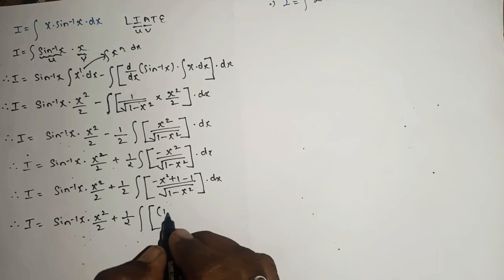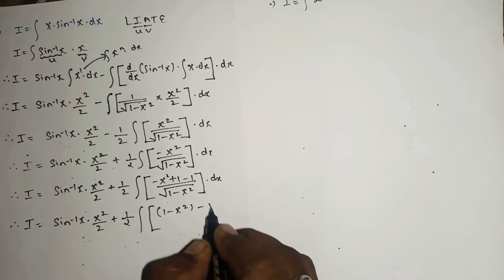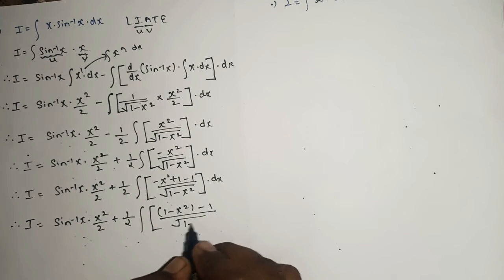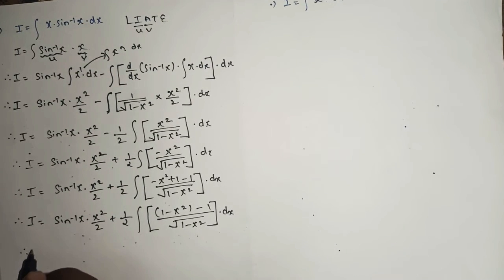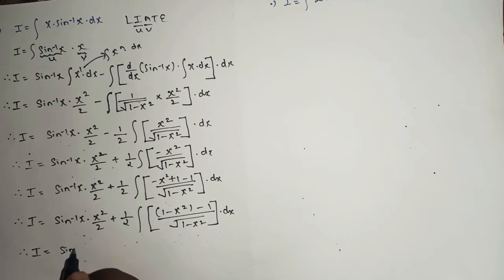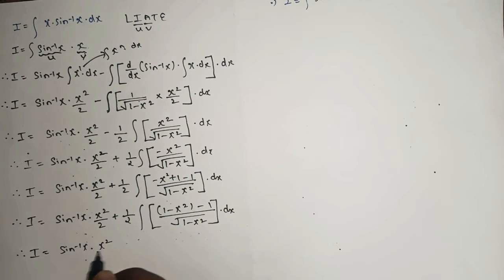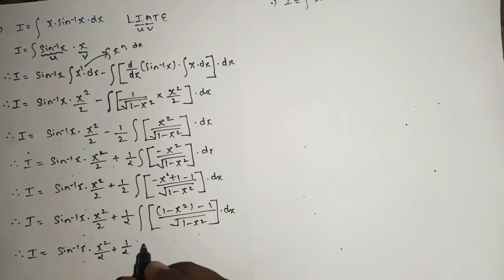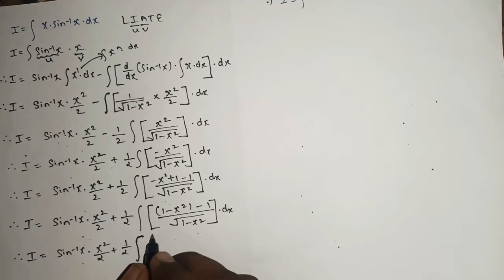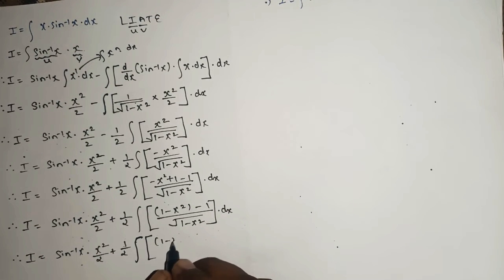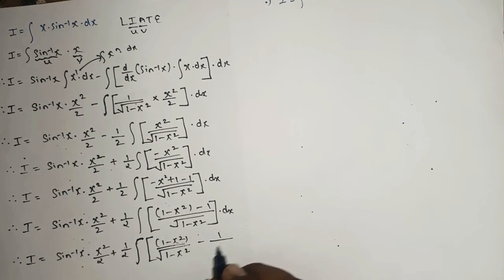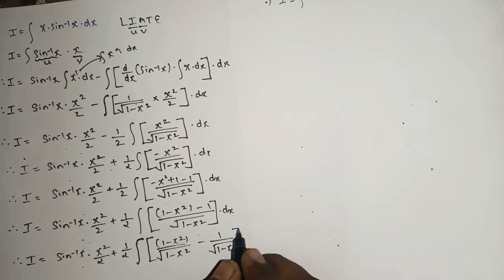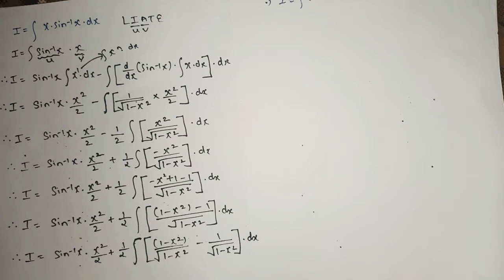We'll write this one section in one bracket. Further we'll separate the denominator. So when you separate the denominator, here you will get 1 minus x square upon root 1 minus x square, minus 1 upon root 1 minus x square into dx, yes or no?